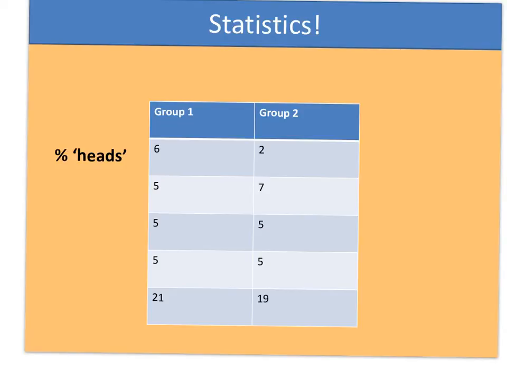But you're more likely to get an outcome that represents what's really going on, a 50% chance, the more samples you do, the more times you flip the coin. So if you only do it 10 times, let's say you got 5 heads and 5 tails in one, and then you do it again and there's 7 heads.